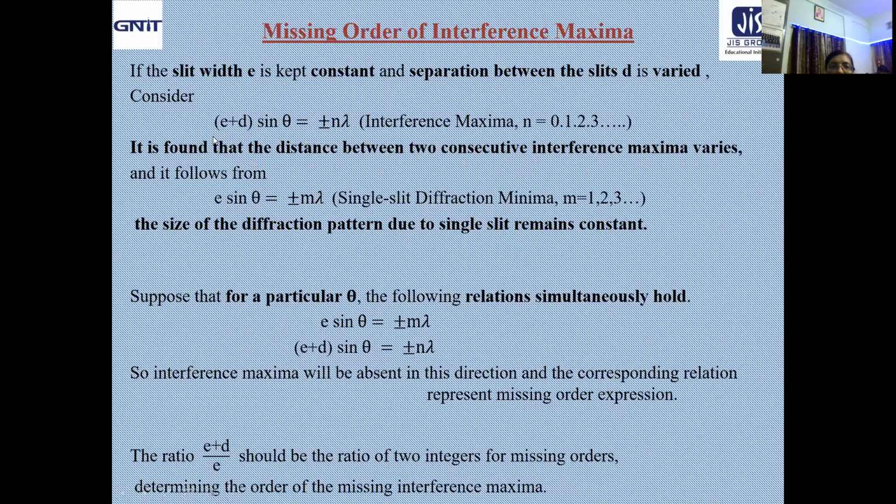It is found that if e is kept constant and d varies, then from the condition of interference maxima, we can say that the distance between two consecutive interference maxima varies.